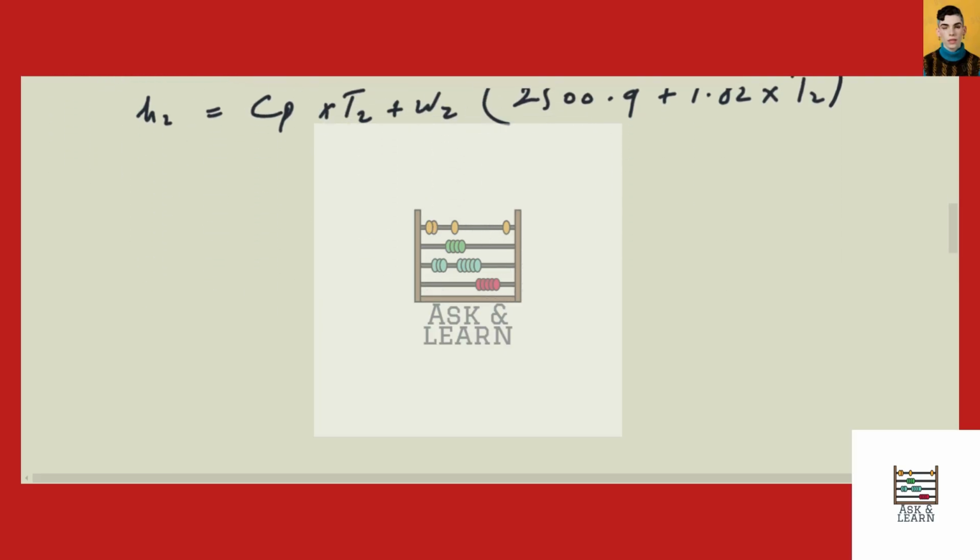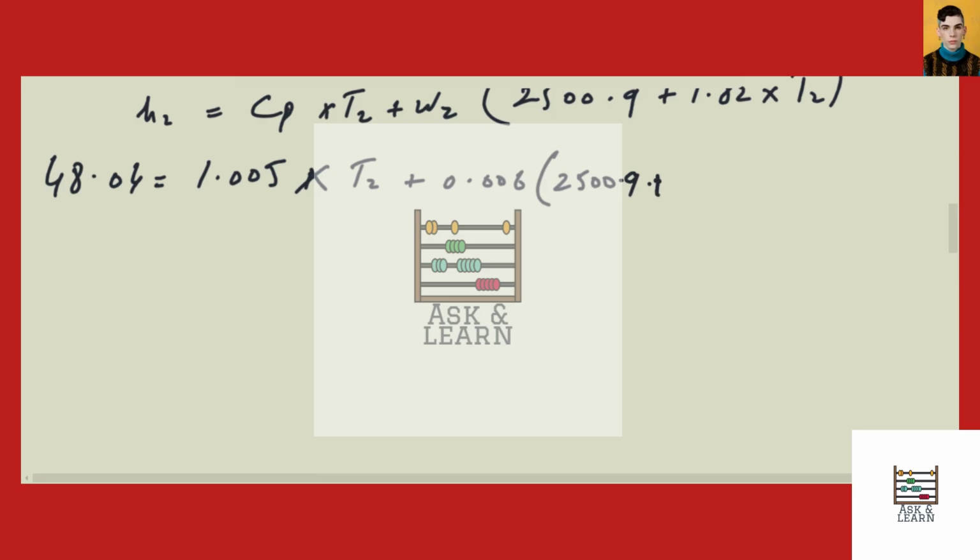Now 48.04 is equal to 1.005 multiplied by T2 plus 0.006 multiplied by 2500.9 plus 1.82 into T2. So T2 is equal to 32.5 degrees centigrade.